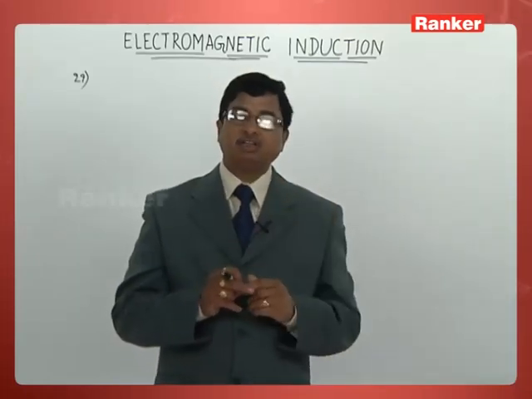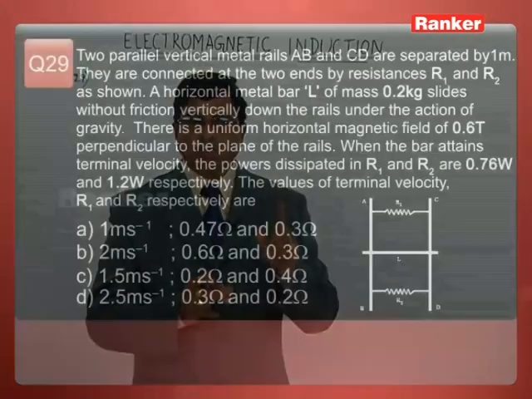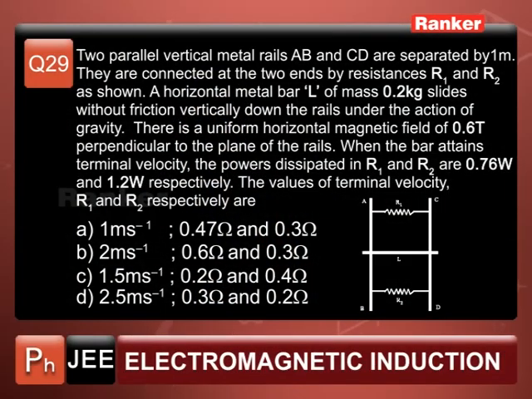The options are given this way. First option is 1 meter per second, that is the terminal velocity, and 0.47 ohm and 0.3 ohm are the resistances. For the second option, 2 meter per second for the terminal velocity, 0.6 ohm and 0.3 ohm for the resistances. For the third option, 1.5 meter per second as its terminal velocity and 0.2 ohm and 0.4 ohm are the resistance values.